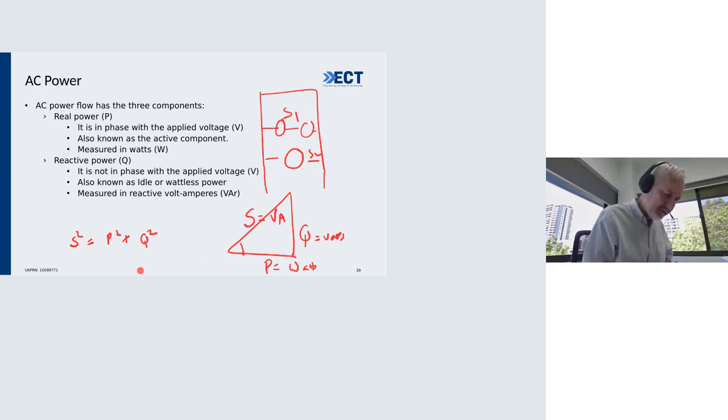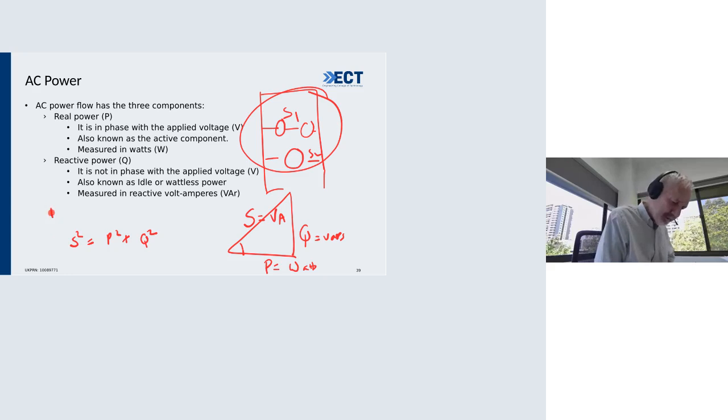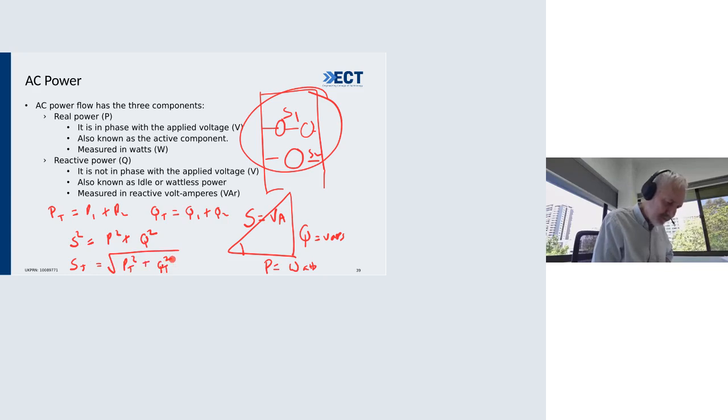The idea is that if you're trying to size the total power here, you would actually add up P total equals P1 plus P2, and Q total equals Q1 plus Q2, and very importantly, S total, volt amps, is going to be the square root of P total squared plus Q total squared.